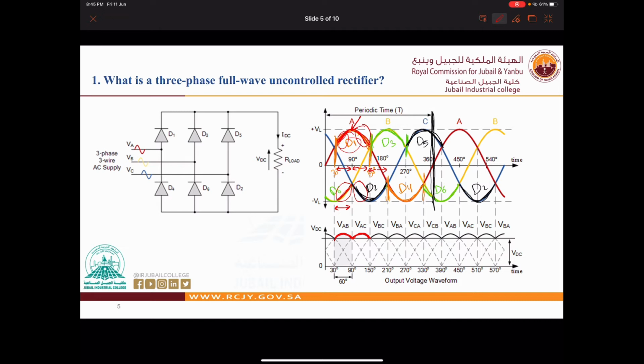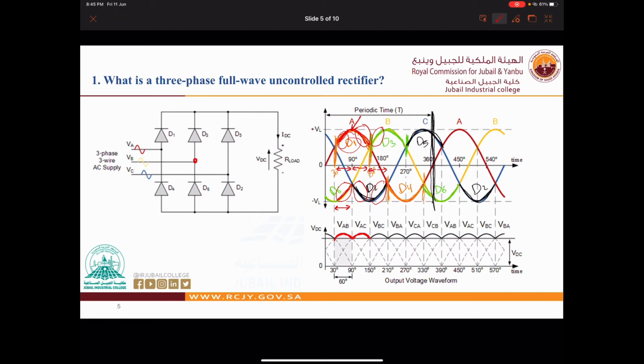In this period, D3 is working and D2 is working. So D3 and D2.